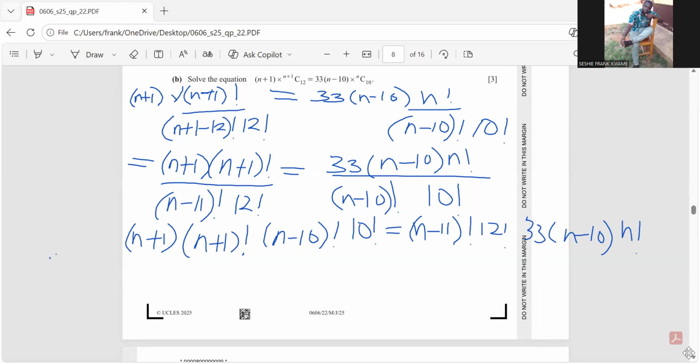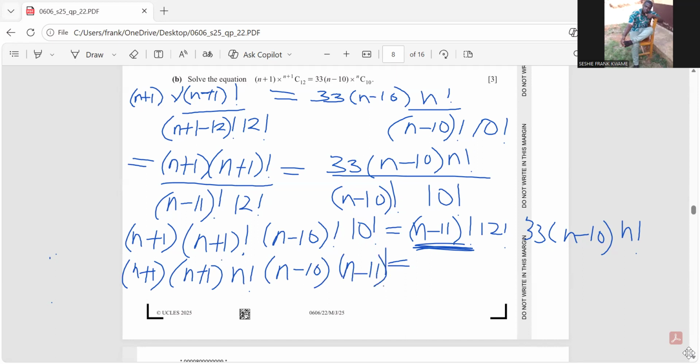If I have this and I'm proceeding, I can take off some of these things. (n+1) factorial can be (n+1) times n factorial. Then (n-10) factorial can also be (n-10) times (n-11) factorial. Then I have 10 factorial there.